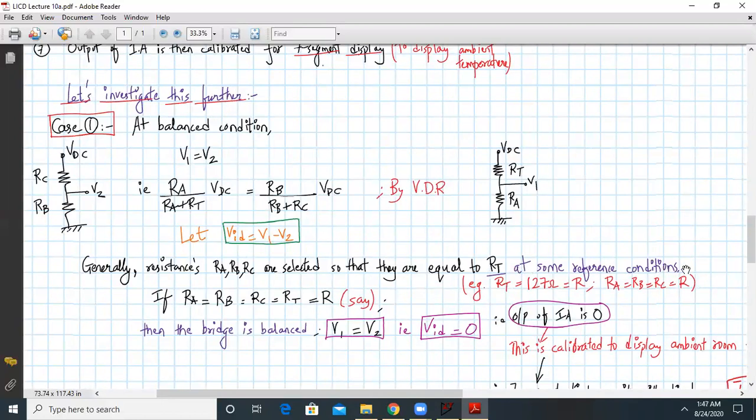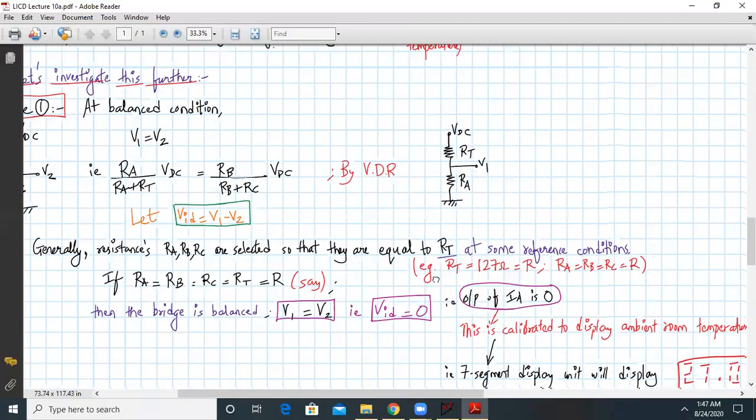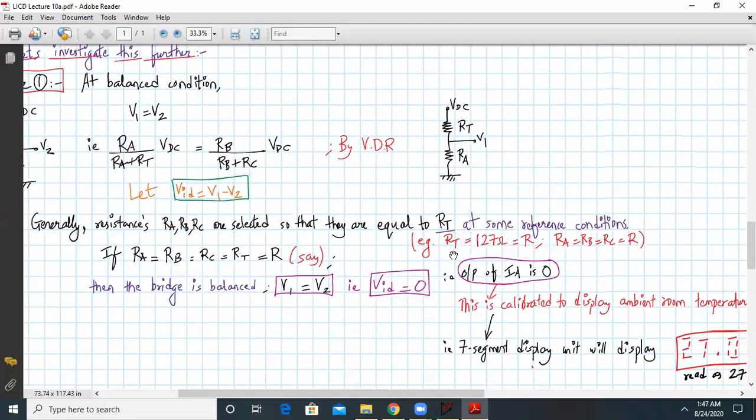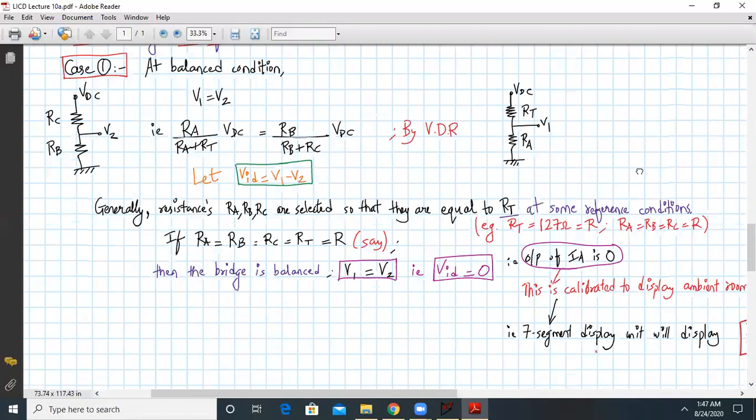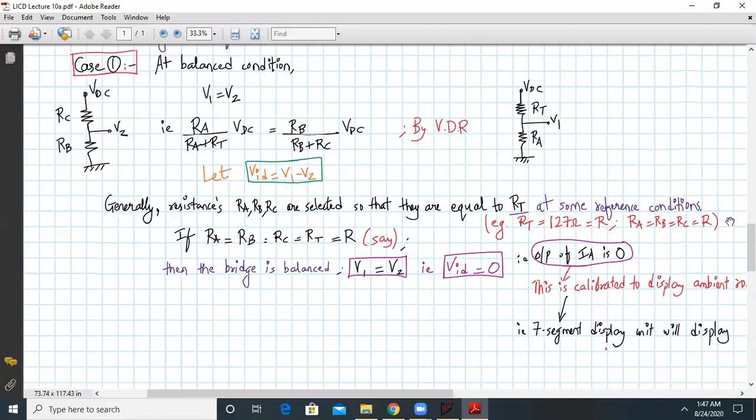For example, at ambient temperature, the resistance RT will be 127 ohms. So here we are considering RA equal to RB equal to RC equal to RT equal to R.